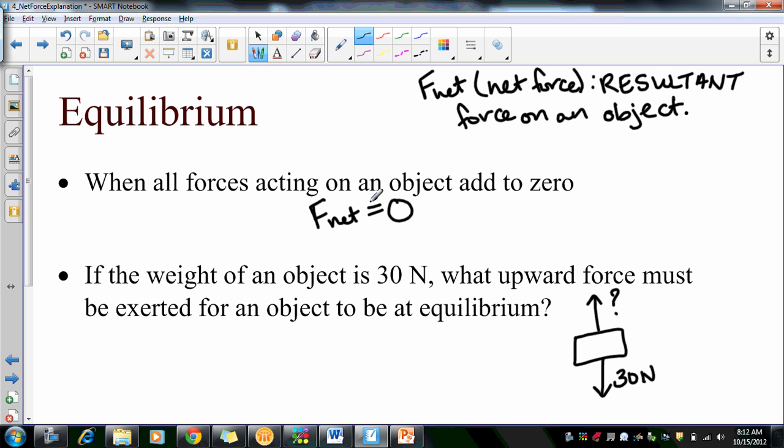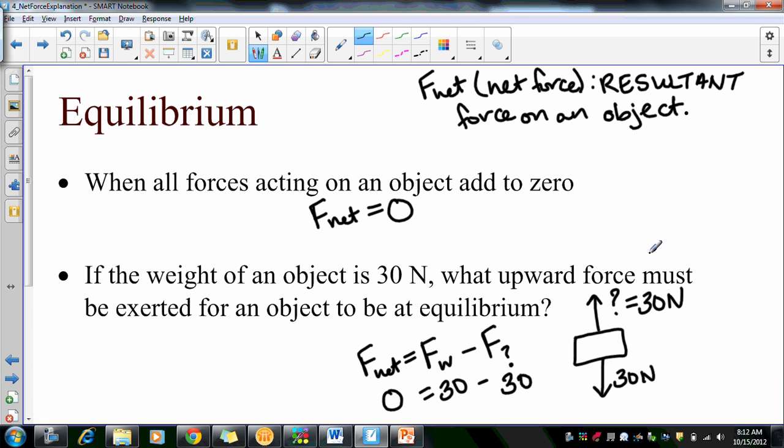So if our F net is equal to zero, that's going to equal the weight minus this force up here. I'm just going to say force question mark. If we have 30 and we want an F net of 0, then our question mark would also have to be 30 newtons. So 30 up, 30 down perfectly counteract each other for equilibrium.